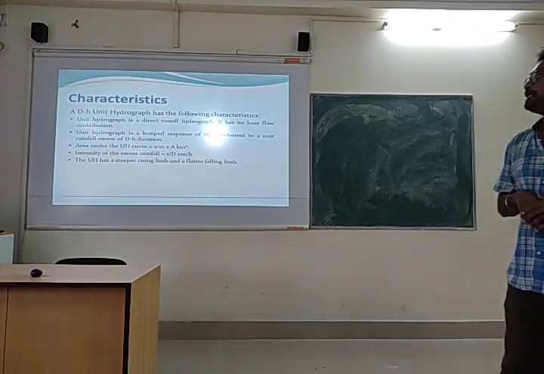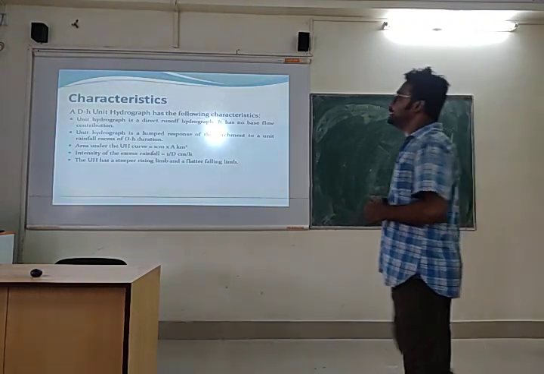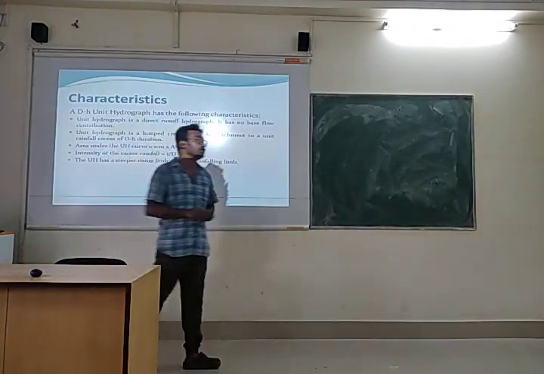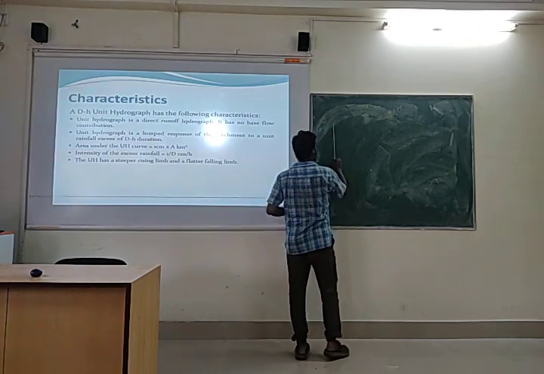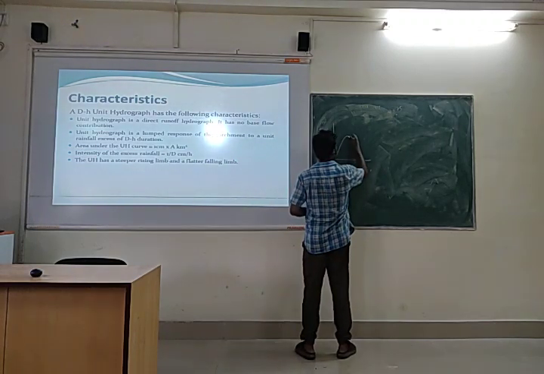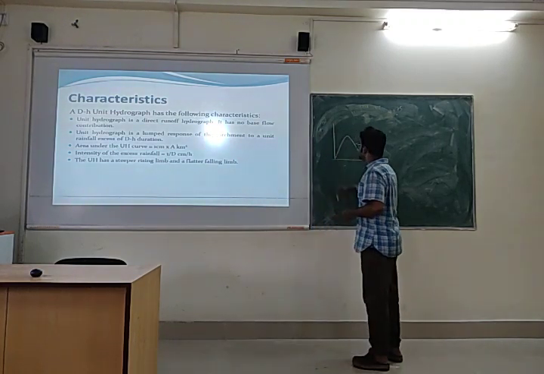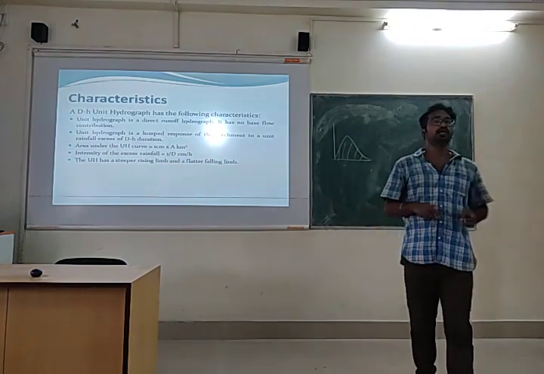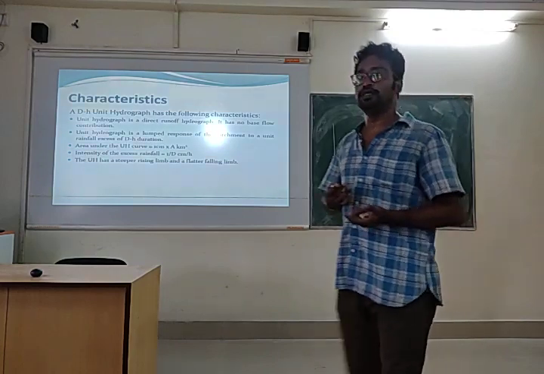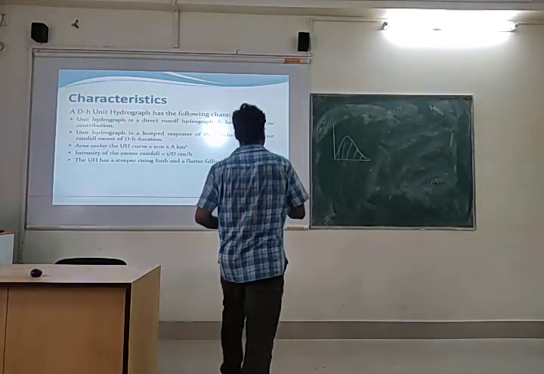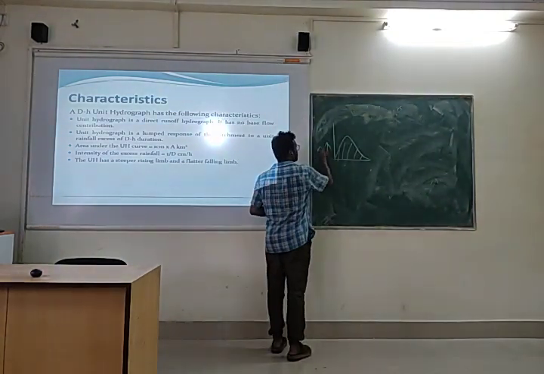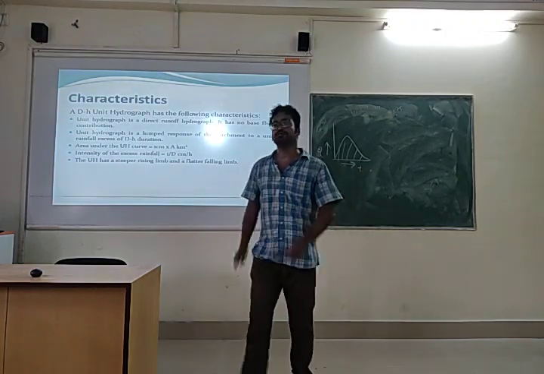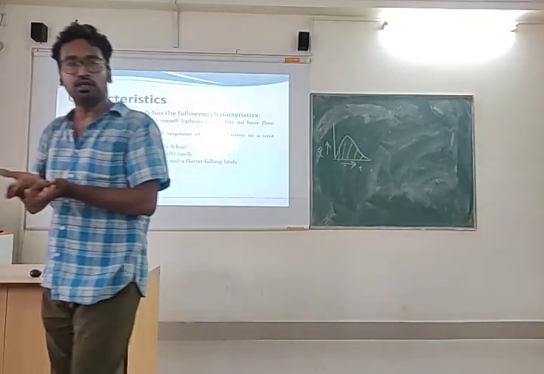The area under the UH curve will be equal to 1 centimeter multiplied by the catchment area. Why? Suppose this is the unit hydrograph for a given area, and if you find the area under the curve, that will give you the total volume of the discharges. Because in this direction we know this is the discharge Q, and this is the time T. So if you multiply discharge with respect to time, you will get the total volume.